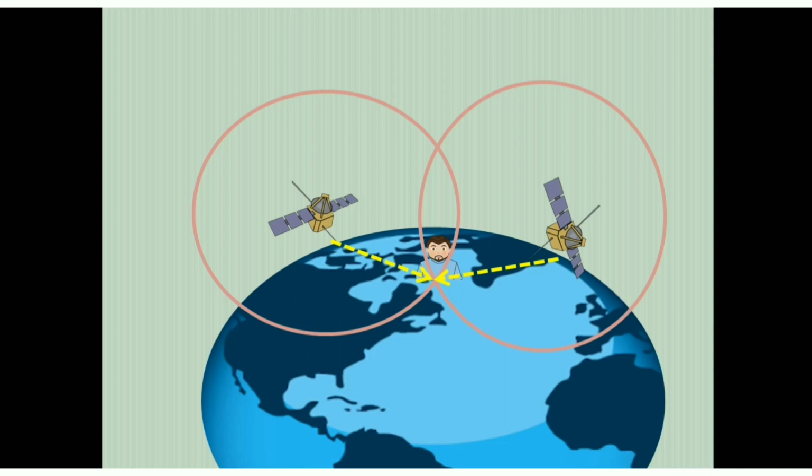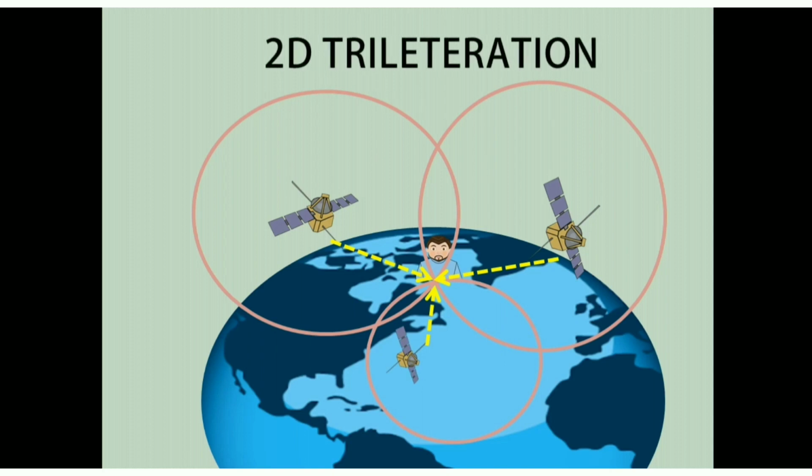You can see that it is not enough to get your exact location yet. Now a third satellite comes and adds to it. Yay! Now you can see that the GPS got your location. So this was about 2D trilateration.